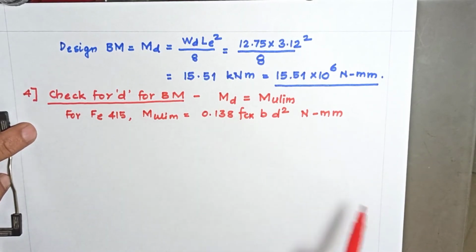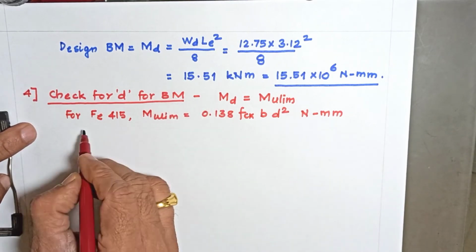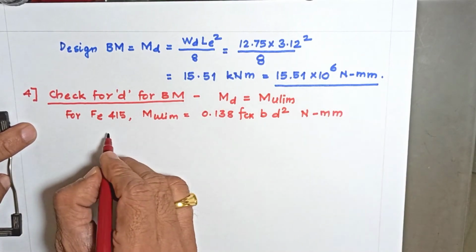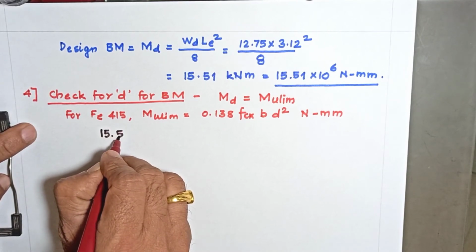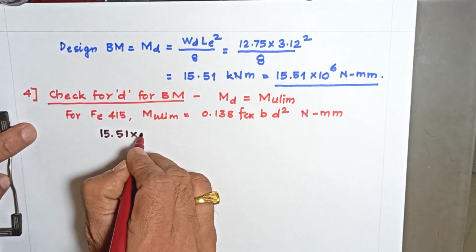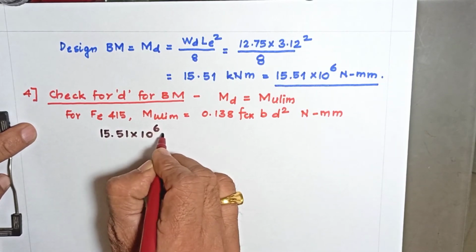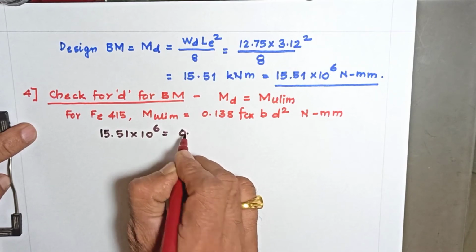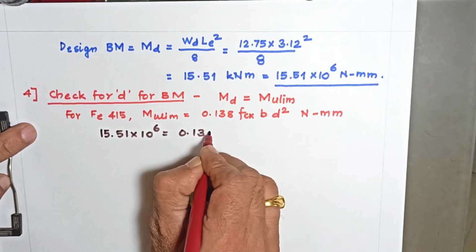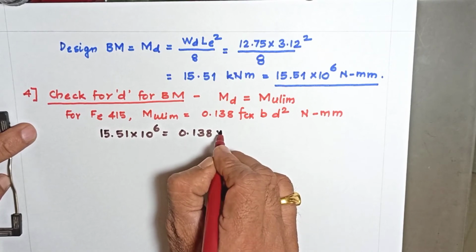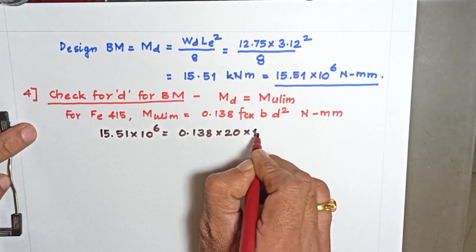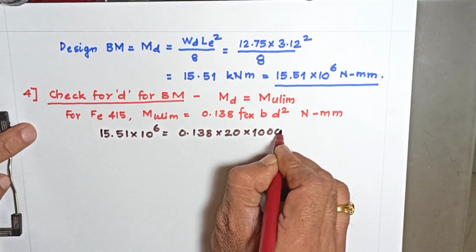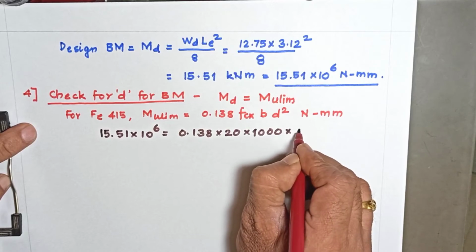So we will equate the two, that is MD. This is in Newton mm, so we have already converted. So 15.51 into 10 raised to 6 is equal to 0.138, fck is 20, b is 1000, and d we have to calculate.